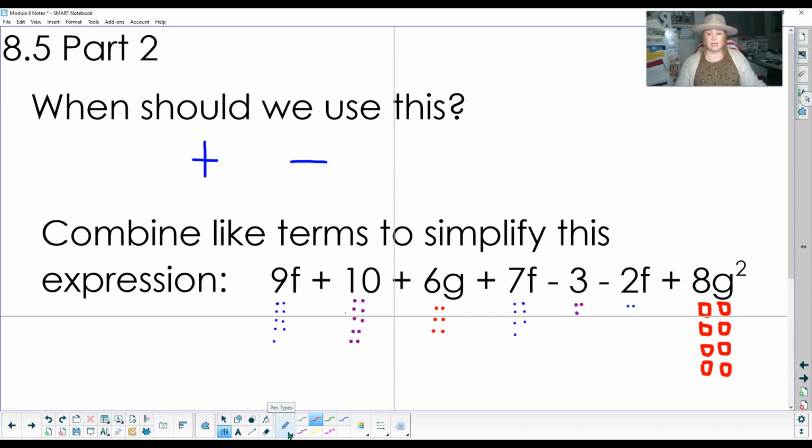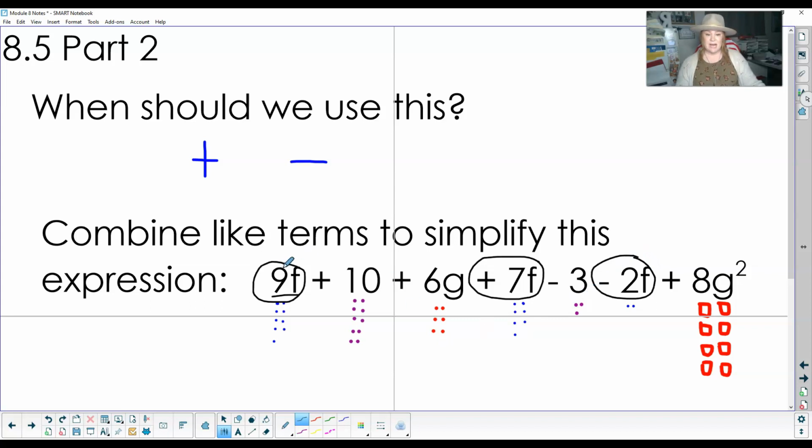So now I'm going to start combining and putting together things that are the same. So I'm looking for F's. I have 9 F's, so I'm going to circle those 9 F's. I have 7 F's. I'm going to circle that positive sign, that plus sign in front of it because it connects to it. And I'm going to circle these negative 2 F's.